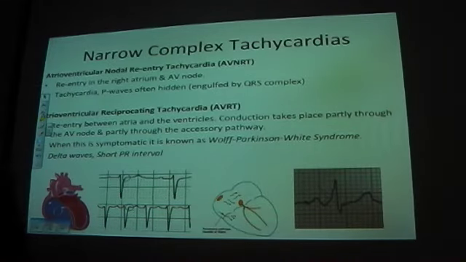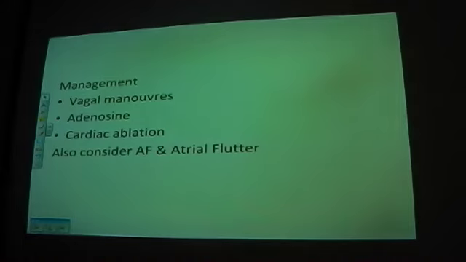There you go, so short PR intervals and the delta waves. These are managed with vagal maneuvers, so you've got Valsalva. Does anyone know what that is? That's where you're trying to blow out. What they typically do is get a big syringe, 20 mls or 50 mls, and try to blow and push the plunger out of it.